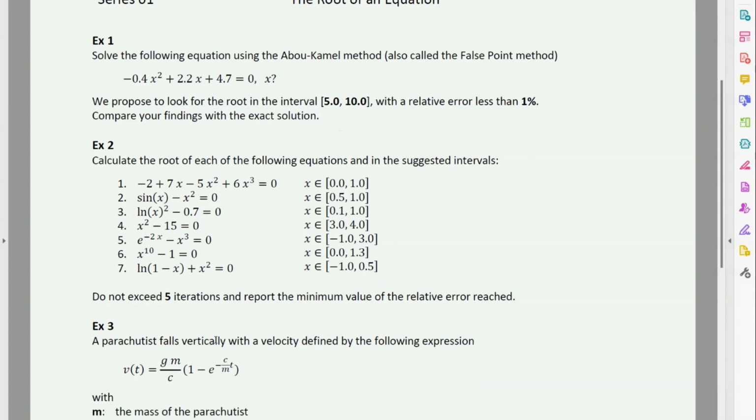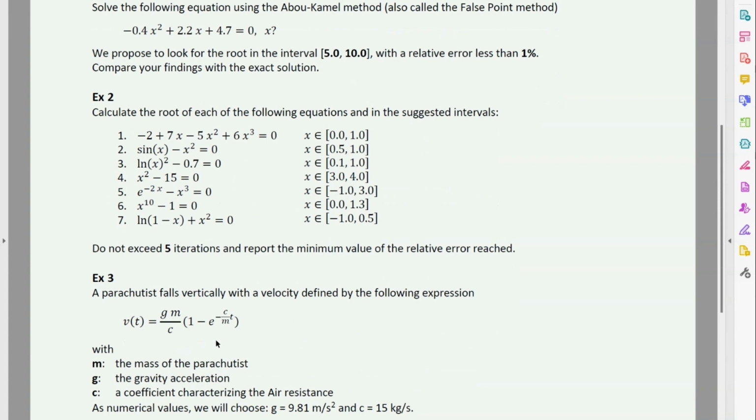And the third exercise is actually a physical model that models the fall of the parachutist. From that model, we extract an equation, and then we solve it to solve our problem. So this shows how to use numerical methods in the real world, albeit it's a simple model, of course, because in the real world you don't have a logarithm or sine, cosine, x squared.